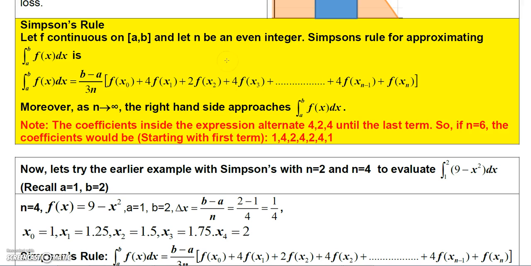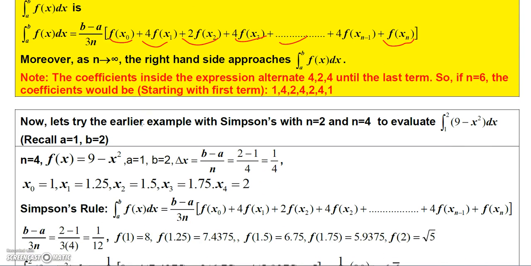Now, n has to be an even number in Simpson's rule. Basically the first term is not multiplied by anything, and the last term is not multiplied by any constant. But in between, it goes 4, 2, 4, 2, and so forth. So it alternates between 4 and 2. You start with 4 and then alternate to 2 and then 4 and so forth.